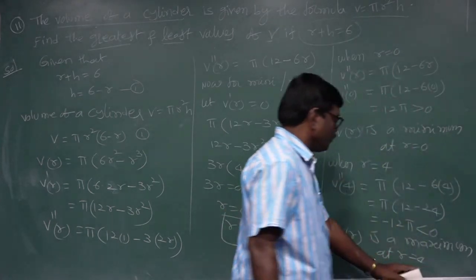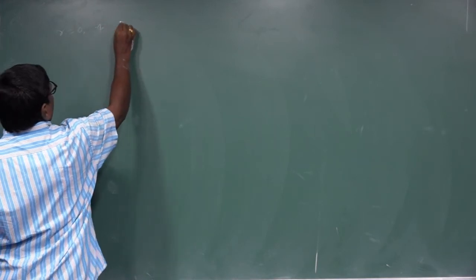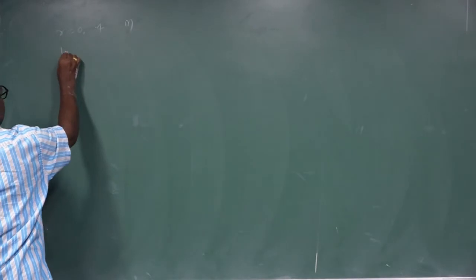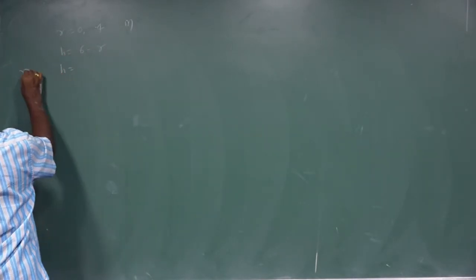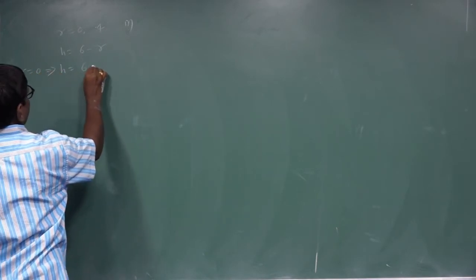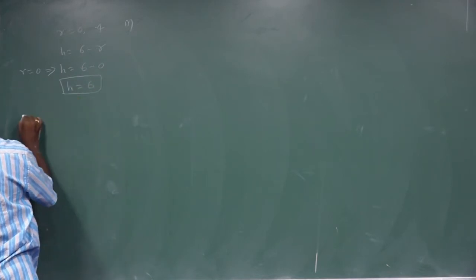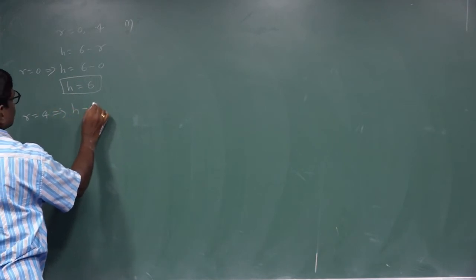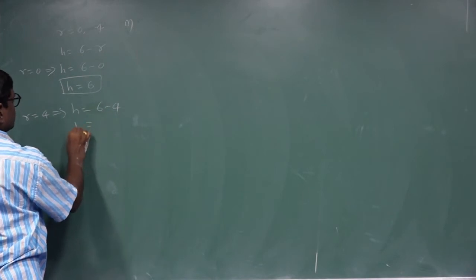For r values 0 and 4, h is equal to 6 minus r. When r equals 0, h equals 6 minus 0, h is equal to 6. When r equals 4, h equals 6 minus 4, h is equal to 2.